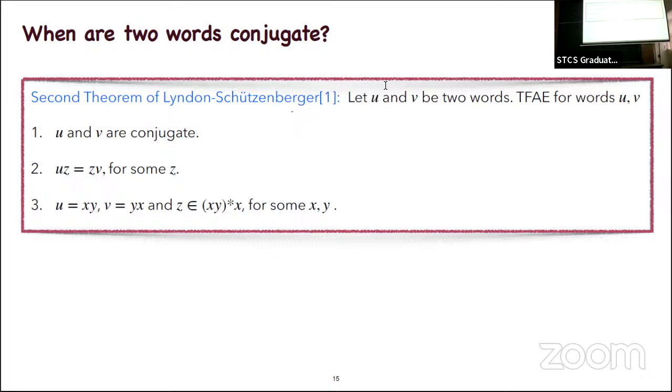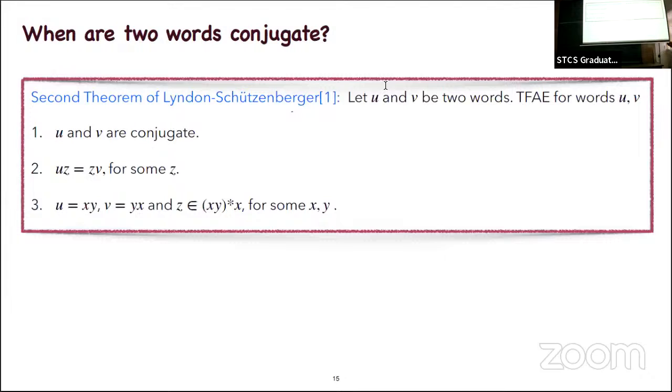So, the second theorem of Lyndon-Schützenberger. It says: let u and v be two words. The following are equivalent. The first is u and v are conjugate. Second is uz equal to zv for some z. And third is u equal to xy, v equal to yx, and z equal to (xy)*x. So what does it mean? If u and v are conjugate, then there is an x and y so that u equals xy and v equals yx.